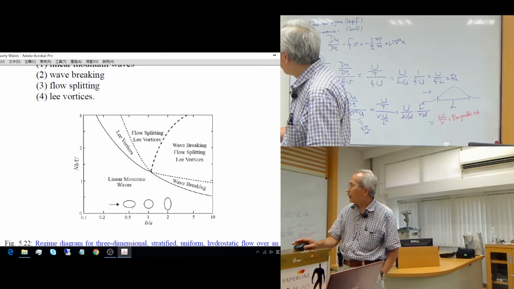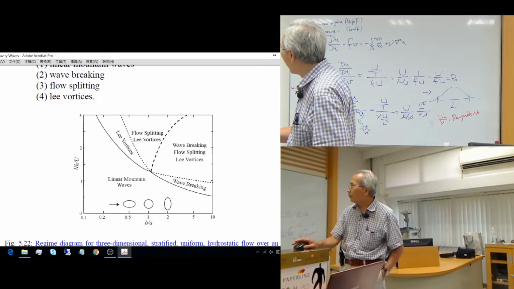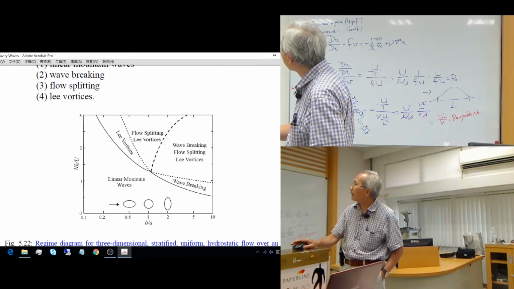This one is B over A greater than 1 or less than 1. This is B, this is A. So this is B over A less than 1, so 0.5. Here we have no more bracket, here will be this bracket. So then you have different kinds of phenomena here.